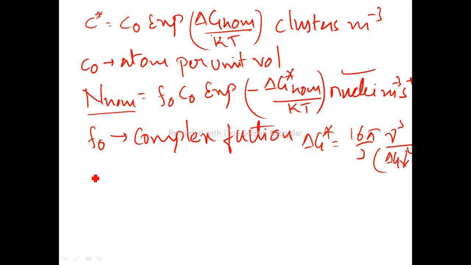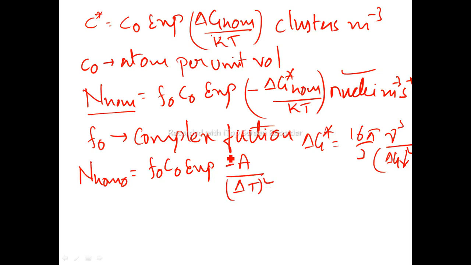Then we can write it as N homo equal to f naught c naught exponential of minus A divided by delta T whole square.